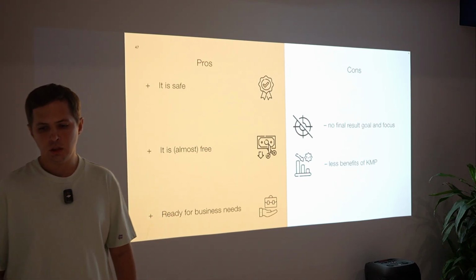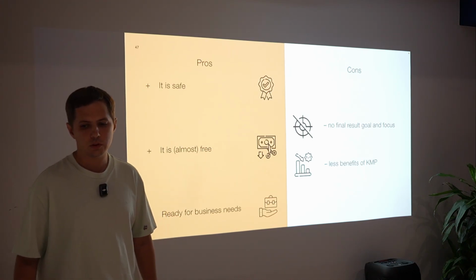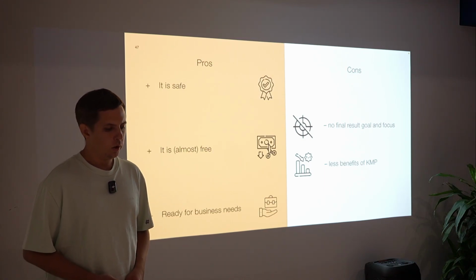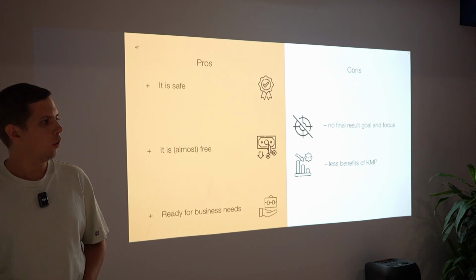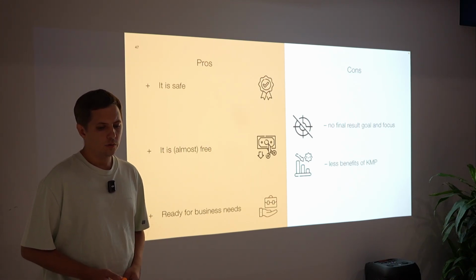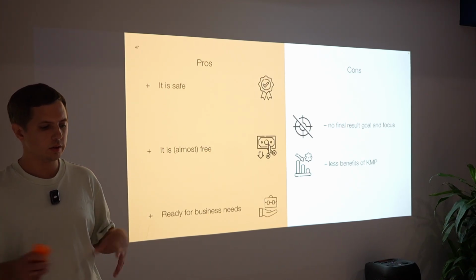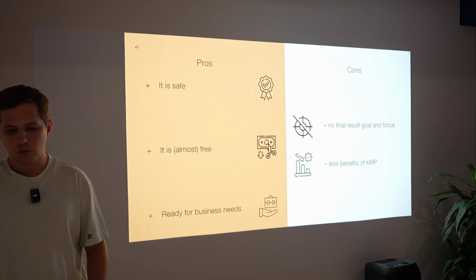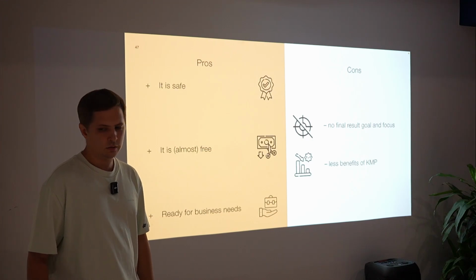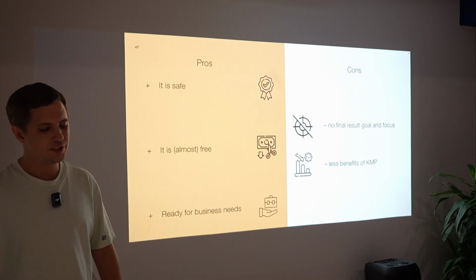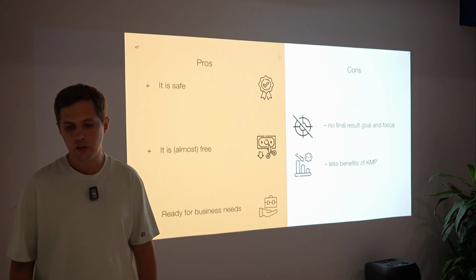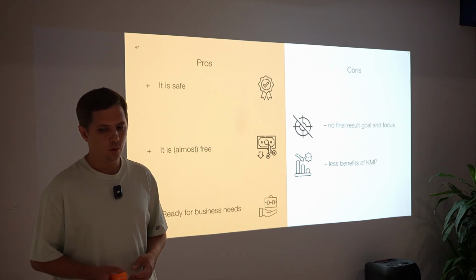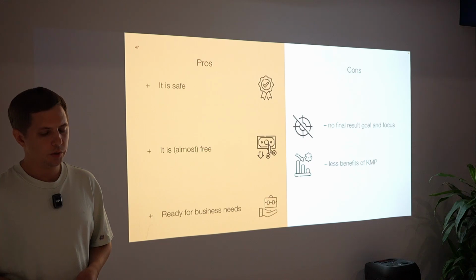From the consequences side, it should be rather obvious. First of all, we have no final result goal and focus. In comparison to library creation or product feature creation, when you focus on making something complete, you may cut some edges to run faster. But in this case, we are just taking the cheap changes, the low-hanging fruit, and using KMP for that.